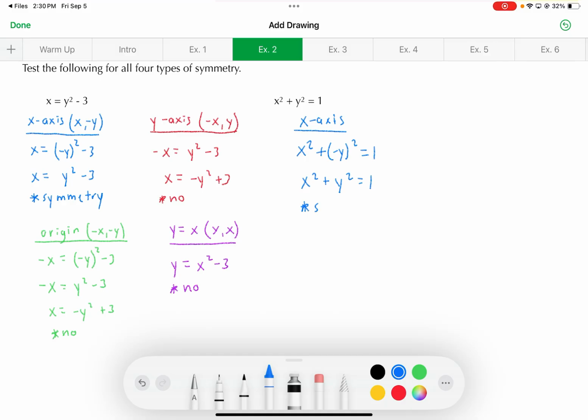Yes, symmetry. Okay, y-axis: negative x raised to the second power plus positive y raised to the second equals 1. That's still going to be x squared plus y squared equals 1. Symmetry there also.